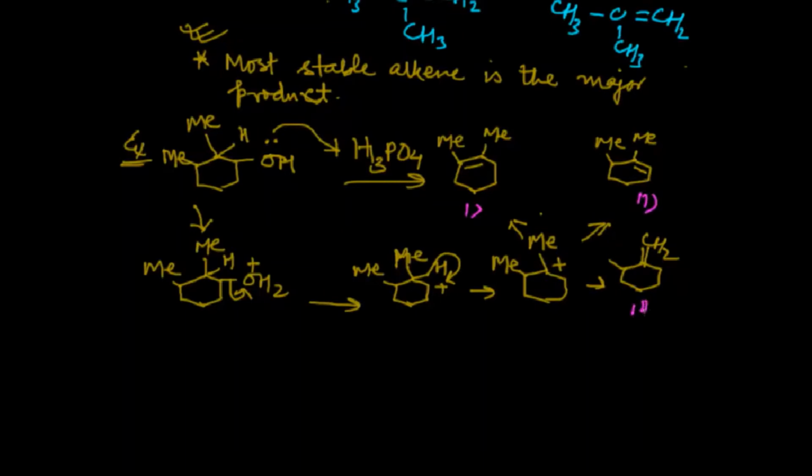Out of these three, in this case, the number of alpha hydrogen is 2 here, 2 here, and 3 here, and 3 here. So 2, 2, 4, 3 and 3, 6. So it is 10 alpha hydrogen. In this case, it has 2 here, 3 here, and 1 here.